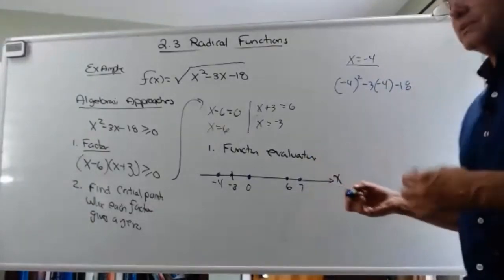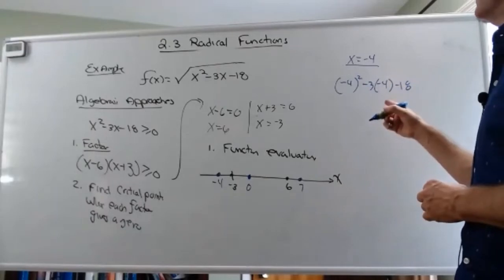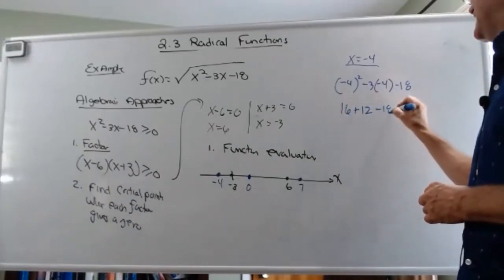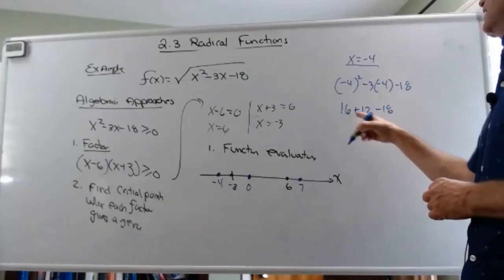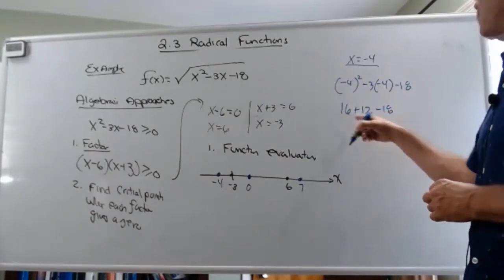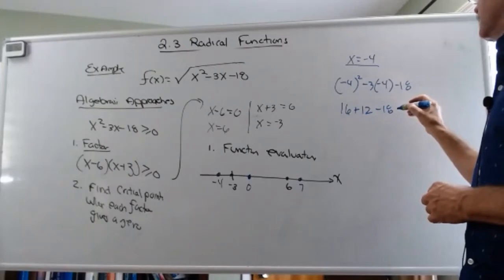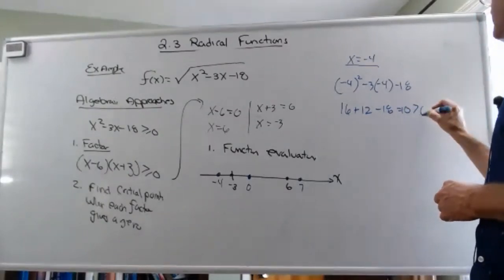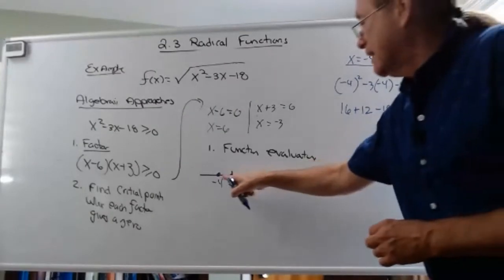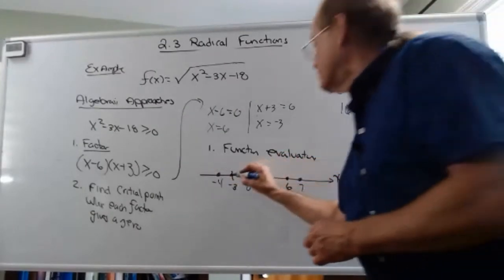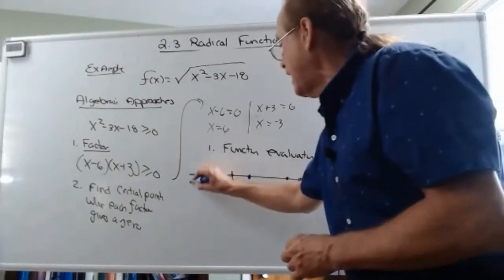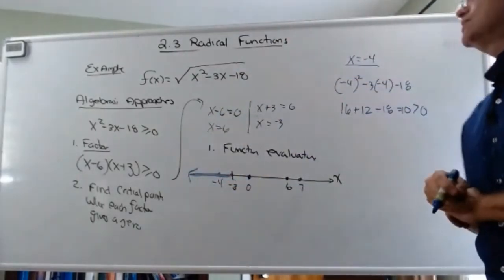Is it positive or negative? This is 16 plus 12 minus 18, and you can see that gives me positive 10, which is greater than 0. So that's okay. That means anything in this interval over here is part of my domain. I verified that I get a positive under the square root.